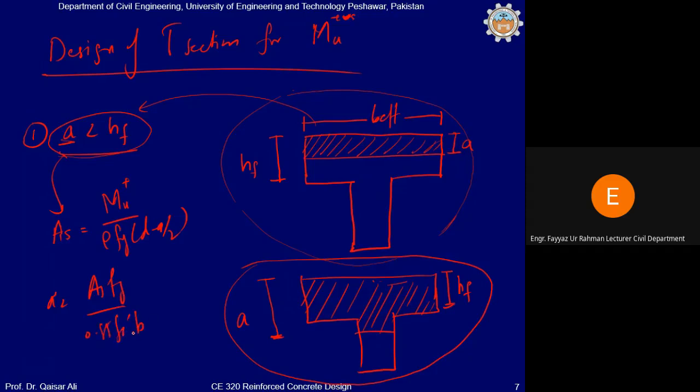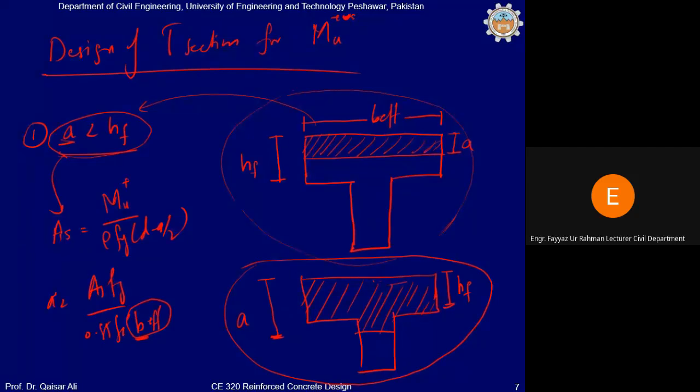Now what will be this b? It will be bw or b effective? B effective, because you can see that the width of the compression block in this case is b effective. So बस ये आपने just replace करनी है. Instead of bw, you will place here b effective.